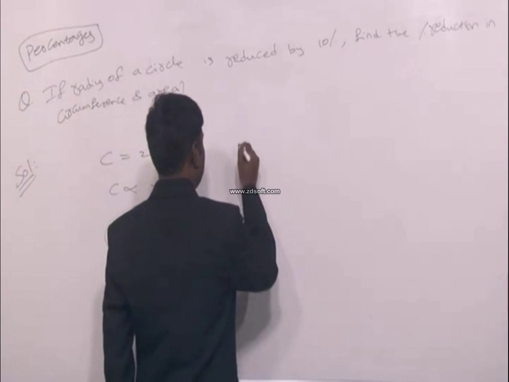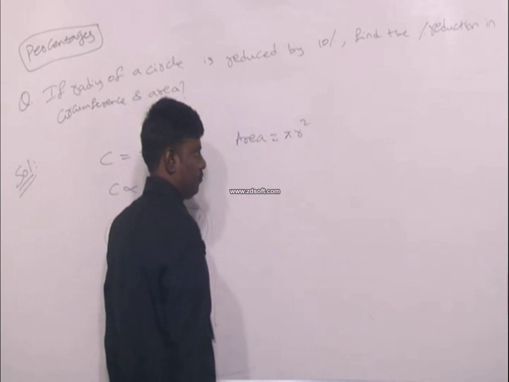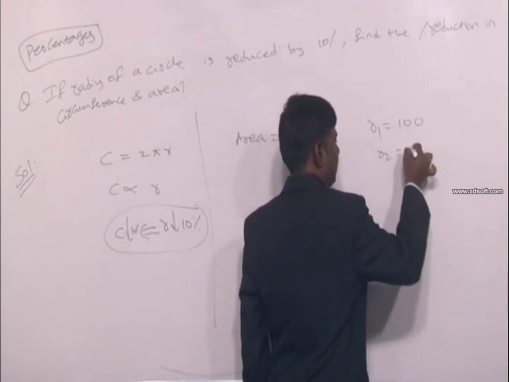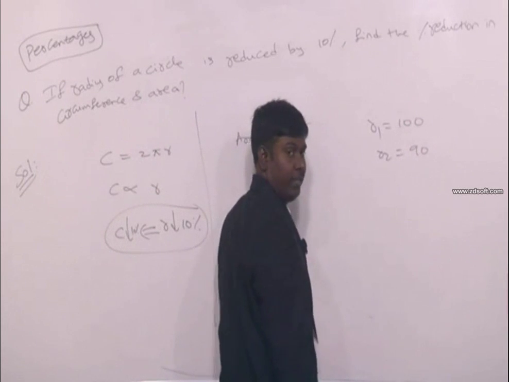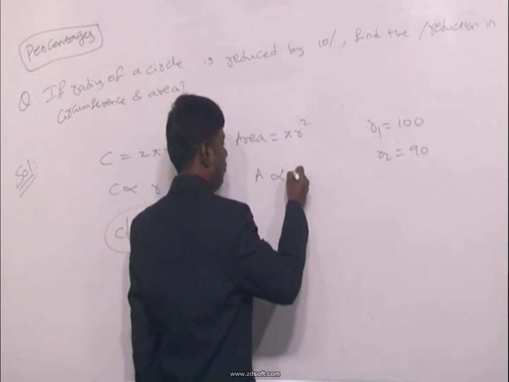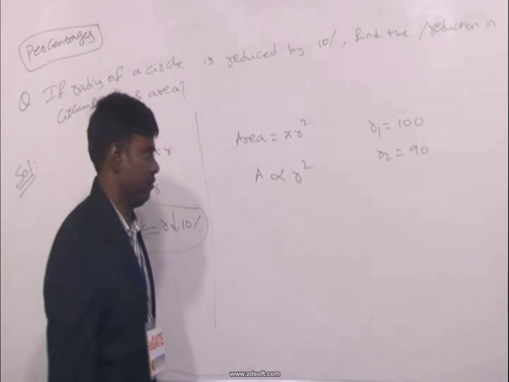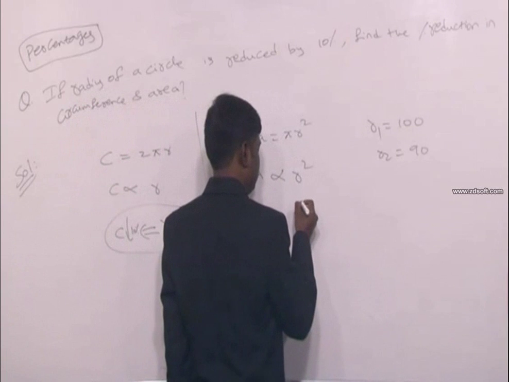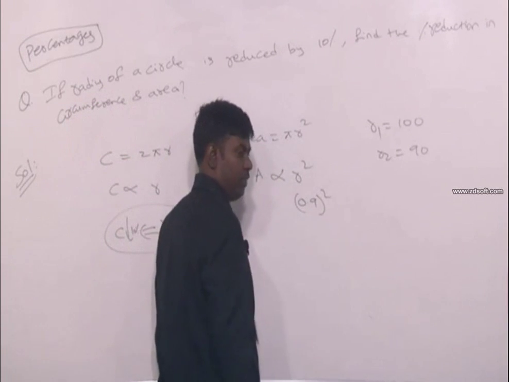Similarly, if you talk about area, it is pi r square. R1 it is 100, then R2 is 90 because radius is reducing by 10%. Right? So area is directly proportional to R square. Whatever is the percentage reduction in R square, this will be considered. I can consider 0.9 square. Right?